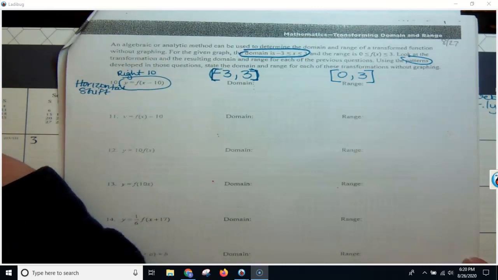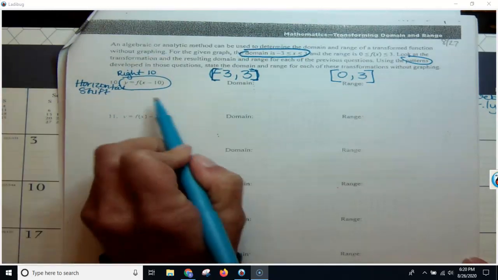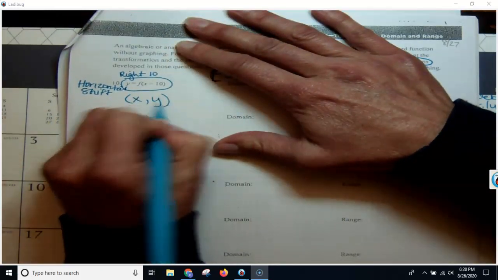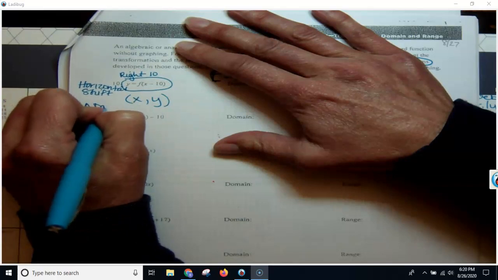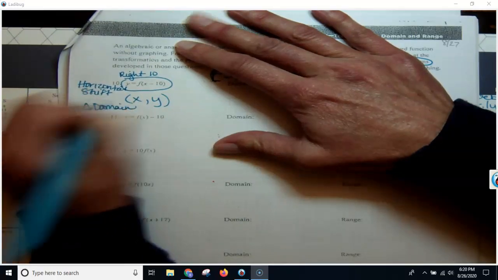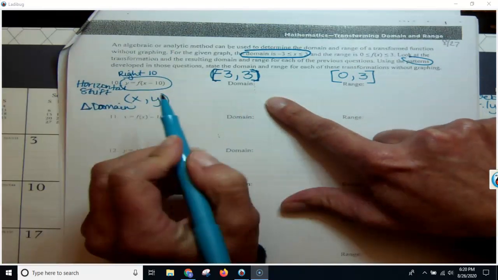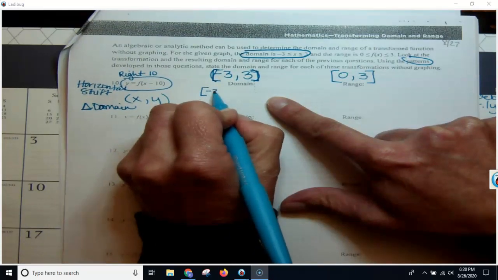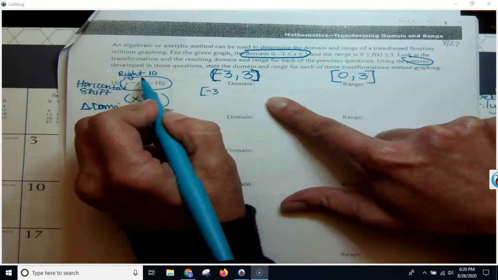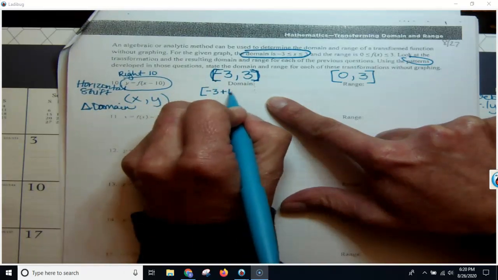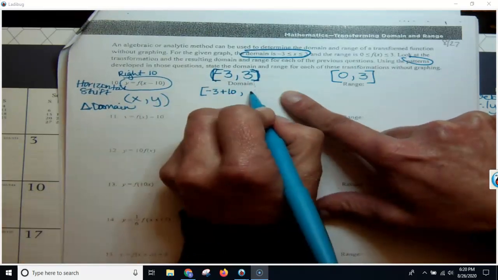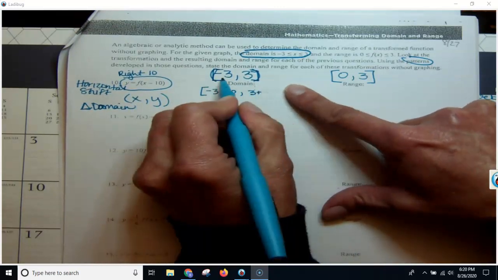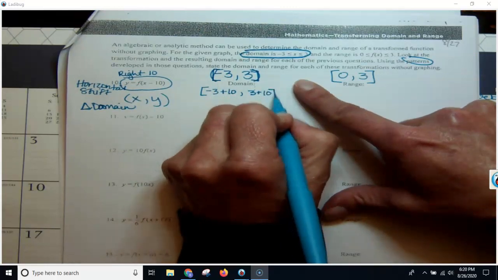Right, okay. So when you have a horizontal shift, you've got your X and your Y. What that's going to do is change your domain. The range is going to stay the same. So my domain is actually going to change by 10. If it's going to the right 10, then I'm adding 10 to the low value, and I'm adding 10 to the high value.